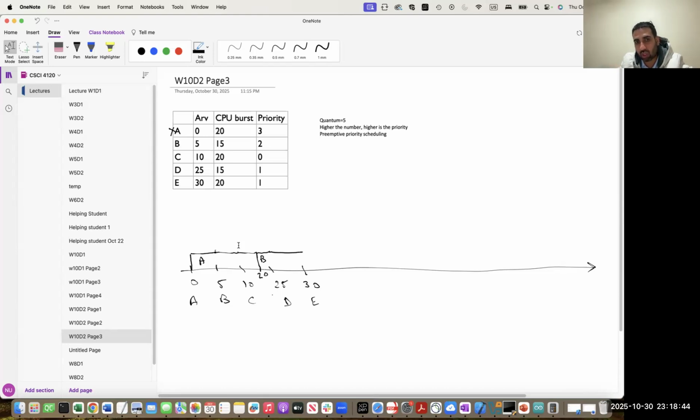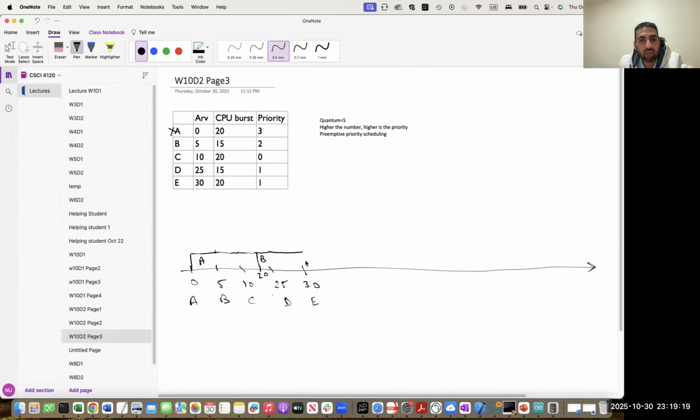However, if two or more processes are ready with the same priority level, then we schedule those using round robin with a quantum of 5. When B and C became ready at 5 and 10, they had different priority levels than A. A has priority level 2, and C has priority level 0.